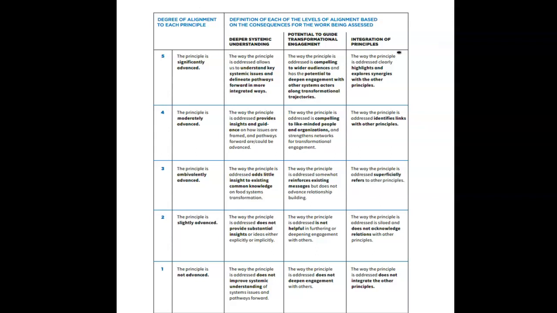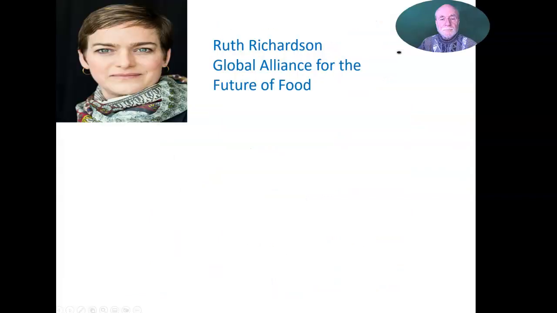And along the side is a 5-point rubric that begins with the principle is significantly advanced, continues to where the principle is moderately advanced, and goes all the way down to the principle is not advanced. This rubric and this framework is a serious engagement with and manifestation of principles-focused evaluation.